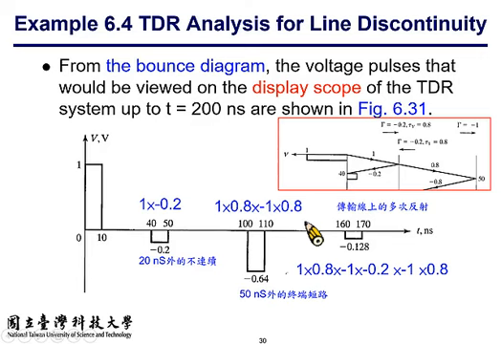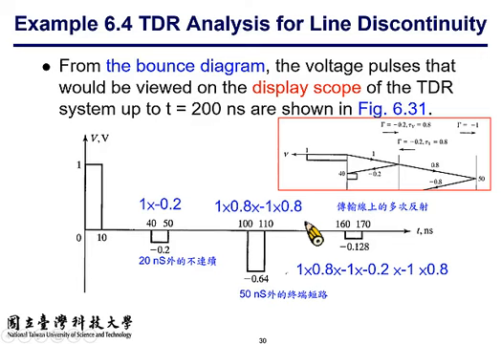As the time increases, it goes from top to bottom. At the very beginning, a unit impulse of 1 volt is provided by this TDR system. So here you have 1 volt of input signal, and the duration of the input signal is 10 milliseconds.